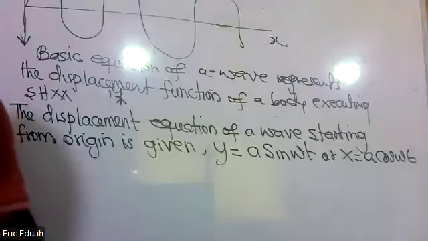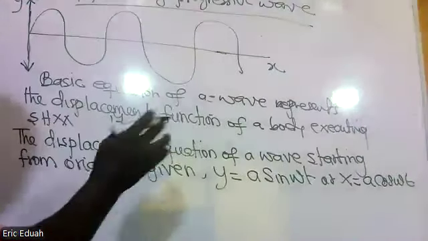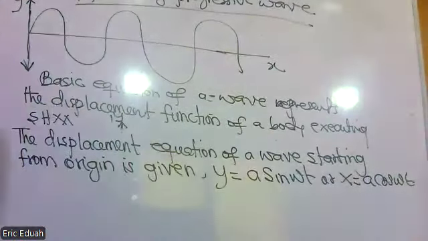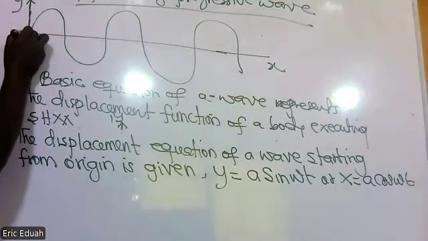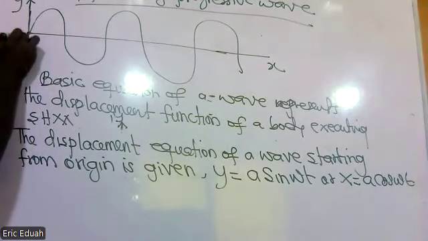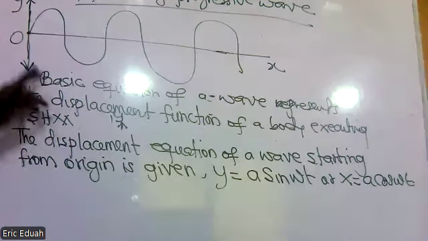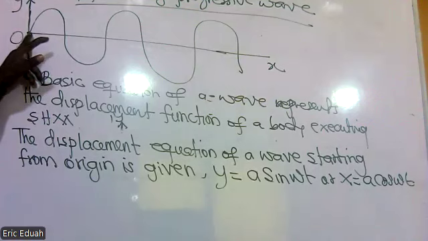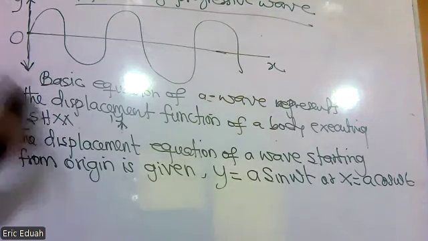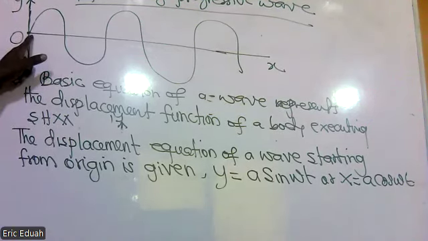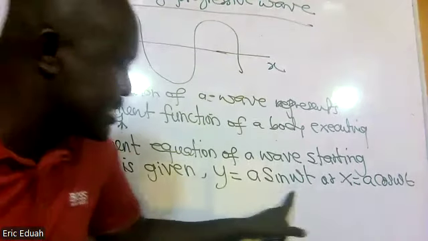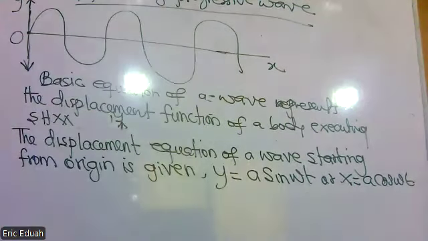Now, class, if you write the equation in this manner, it means we are looking at a particle vibrating at the origin O. We are looking at writing an equation for a particle vibrating at the origin O, whenever you write it as this or that. Please, any question?